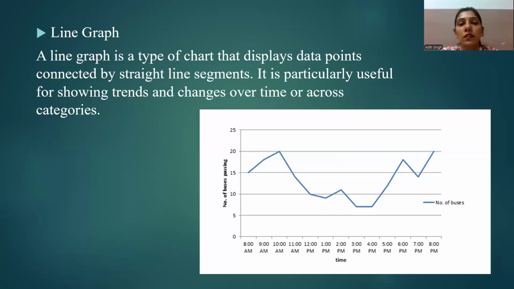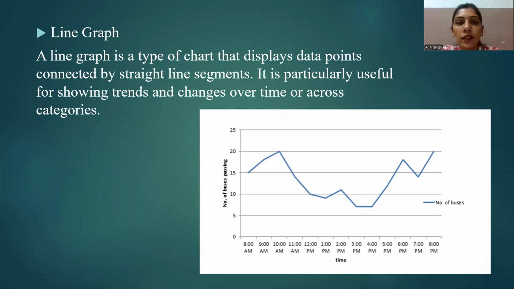As we talk about the properties of a line graph, it consists of a vertical and a horizontal scale. These scales may or may not be uniform.